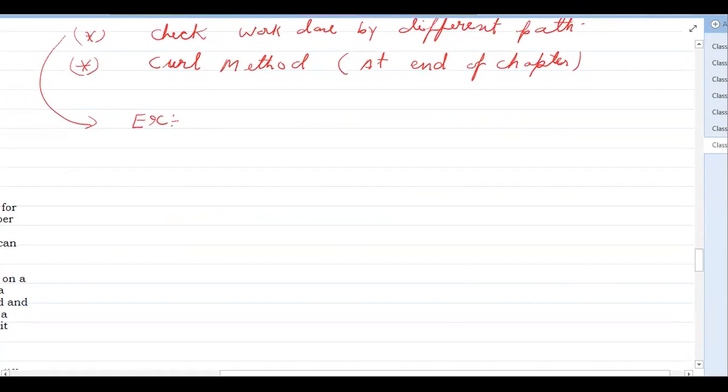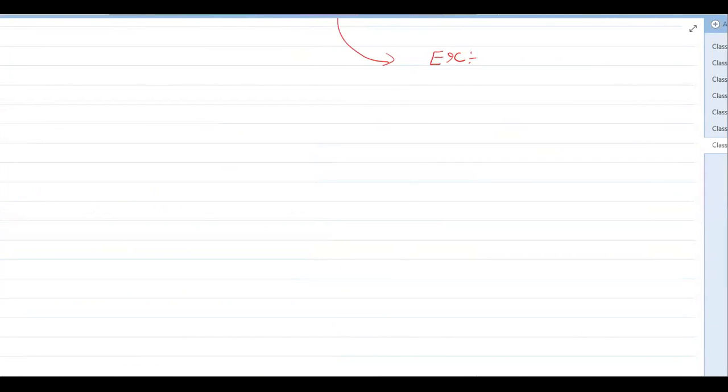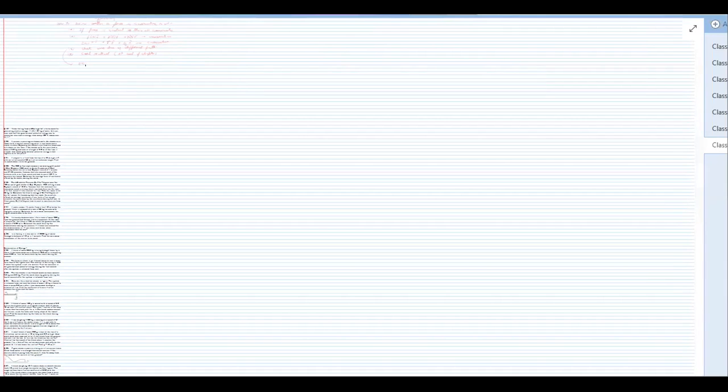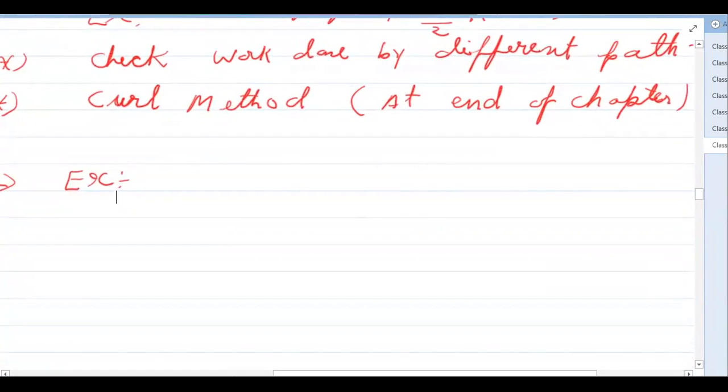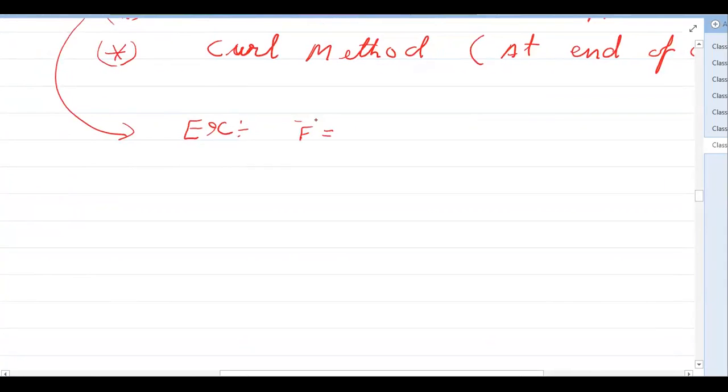Suppose we have a force like this, F equal to y i cap plus x j cap.